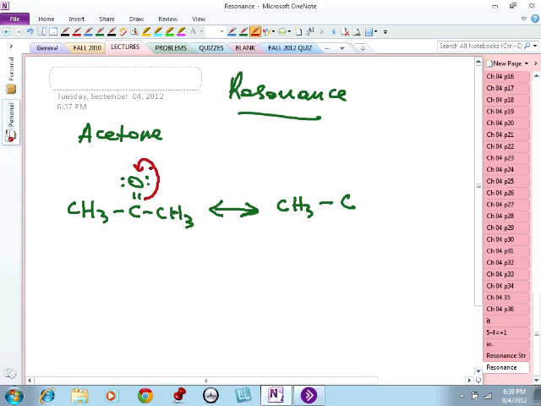So you simply move this pi electron to here, and when you do that, we then have to show formal charges. So what will be the formal charges now? Negative one on oxygen, right? And positive, exactly, very good. You see how easy this is.